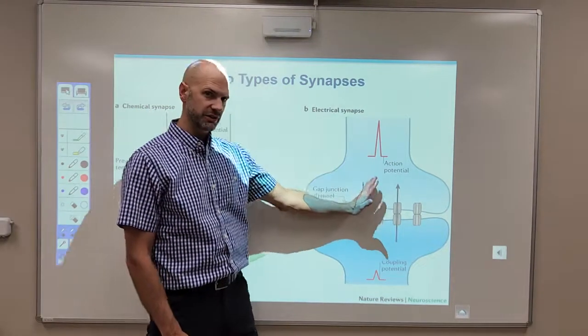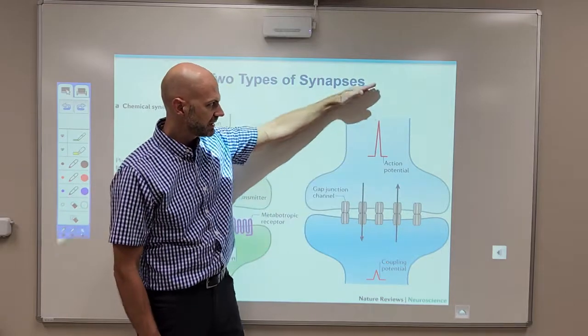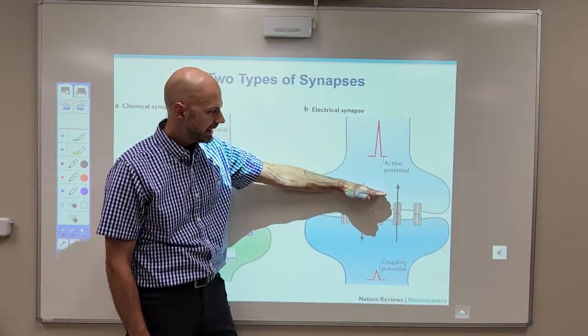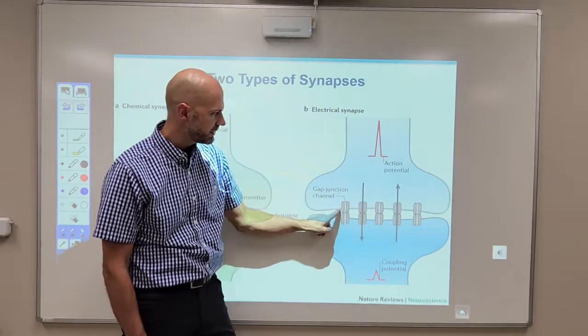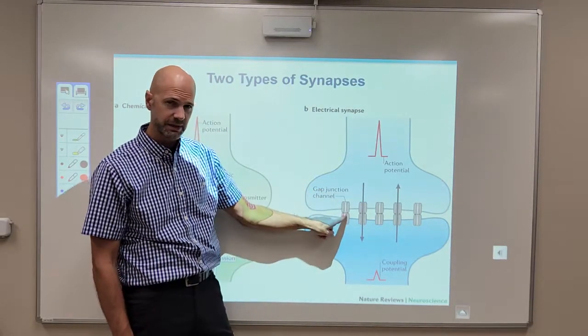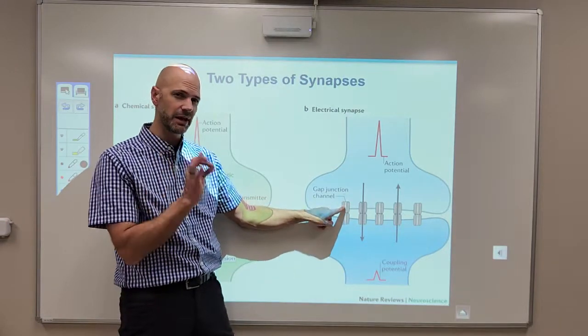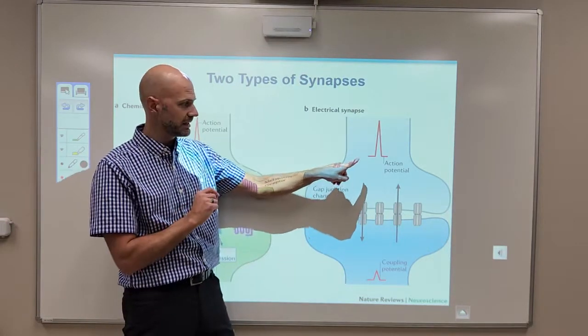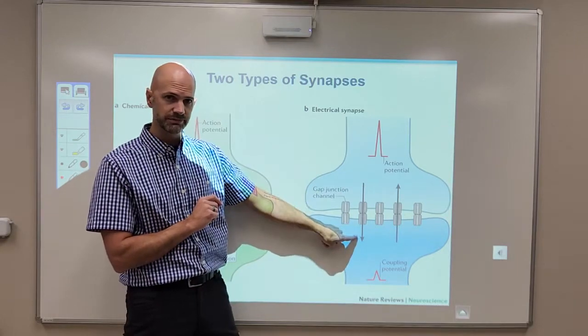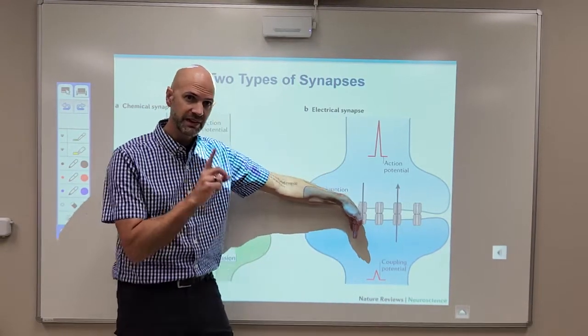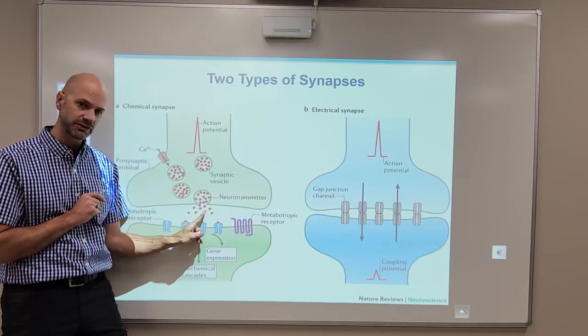Over here is an electrical synapse. We have an electrical signal running down this cell, and it's physically coupled through these gap junctions. A gap junction is a set of proteins that creates a tunnel directly connecting cell number 1 to cell number 2. This tunnel jumps the gap. In the chemical synapse, the thing that jumps the gap is the neurotransmitter.